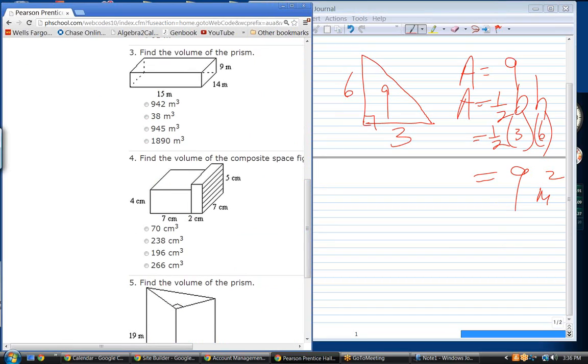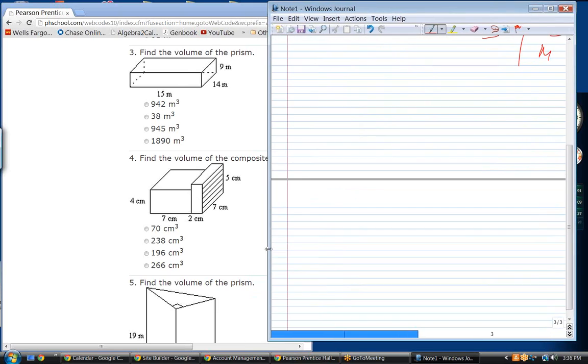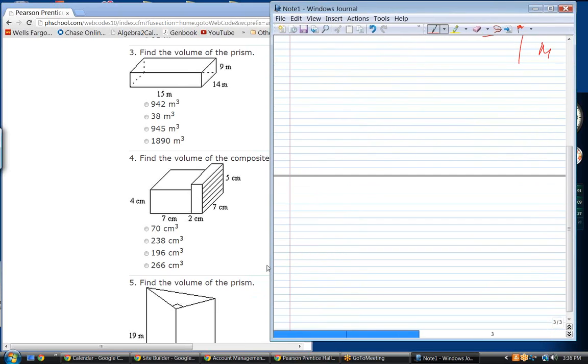Okay. What do we have here? So you'd break that down, wouldn't you, into two different ones? Well, first of all, when you have a rectangular brick or a rectangular prism, it's always just the product of the three dimensions.